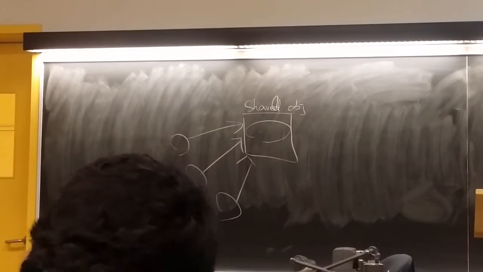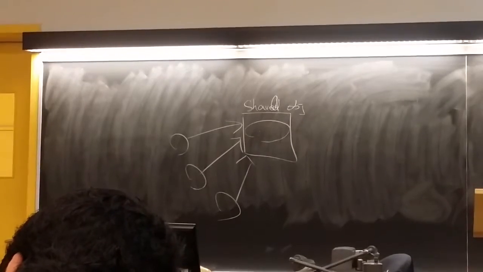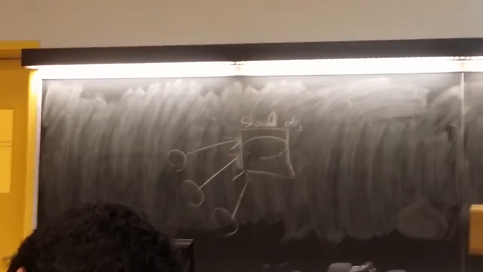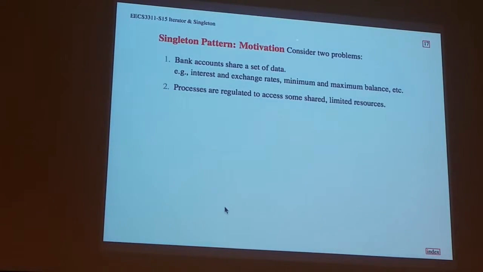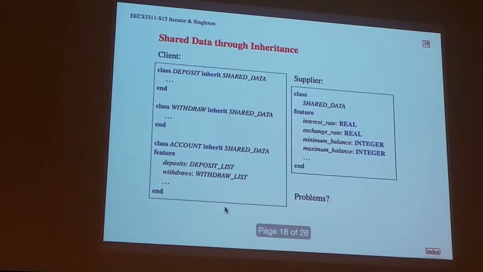Okay, let's see. Whenever we want to show you some design pattern, let's see what a bad design is. Let's say this is how we solve the first problem here, for the shared data among bank accounts. Let's say we have a single class called SharedData here.